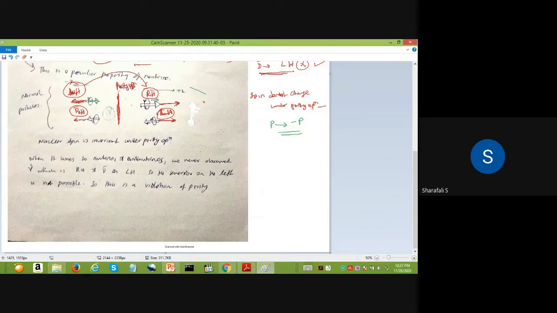Now, if you consider the neutrino here, okay, we can say that anti-neutrinos are right-handed particles. Okay, anti-neutrinos are right-handed particles.